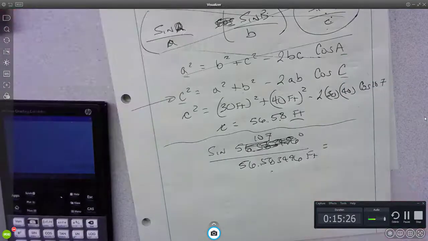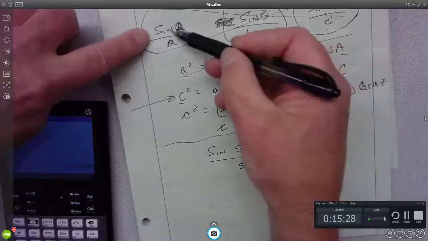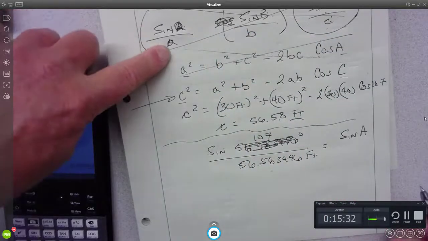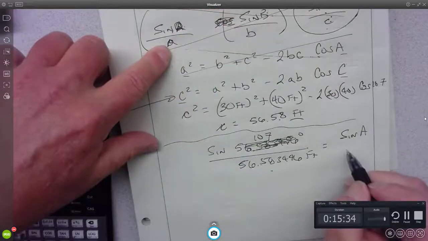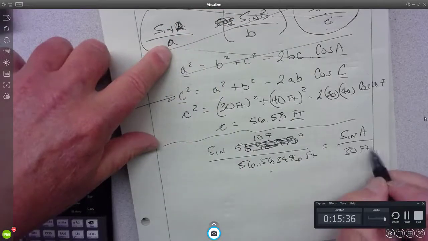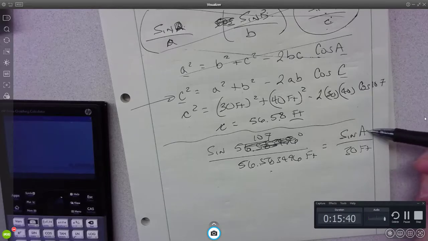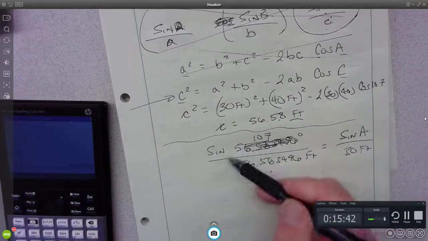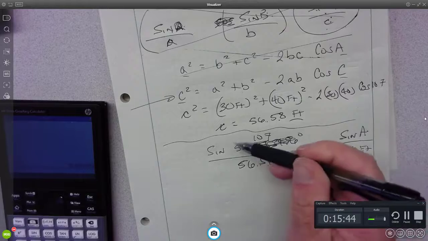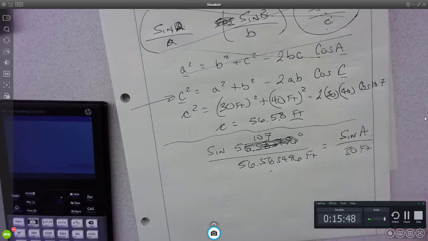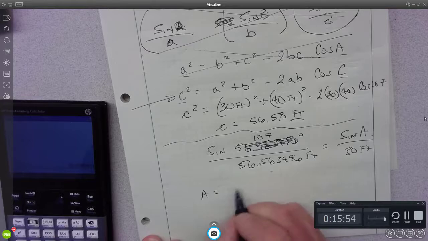So that fills out to a number, and then I can use sine of A and distance A. The only thing unknown is angle A. This becomes just a number. 30 feet comes across and multiplies times that number. Take the arc sine, and I have A. So I'm going to write that out.